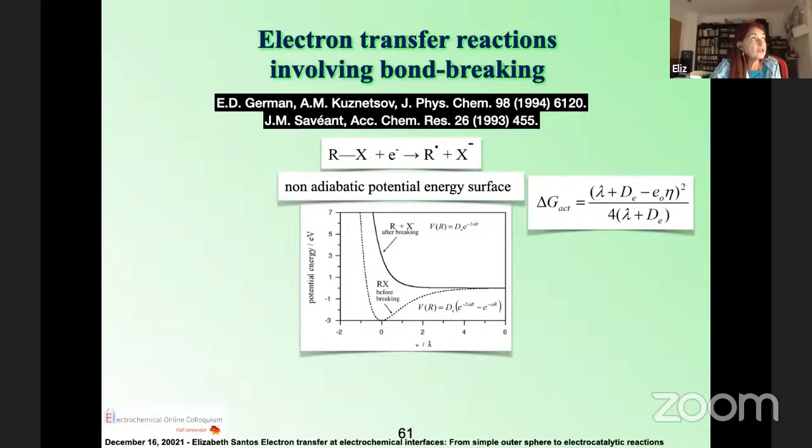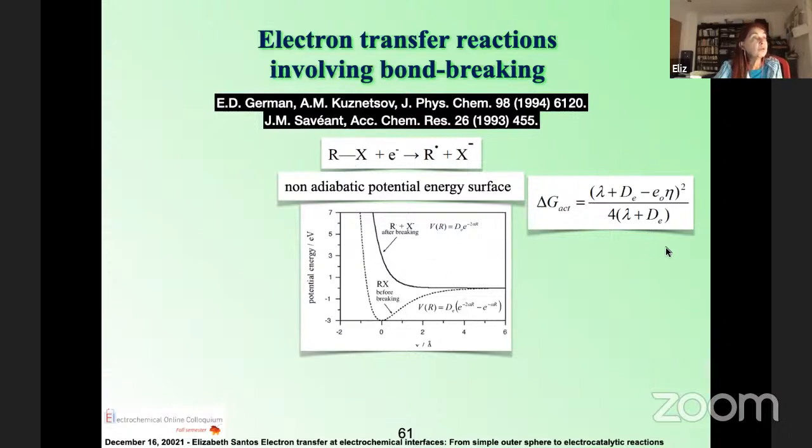We can also have electron transfer reactions involving bond breaking. The first approach was by Kuznetsov and Fabian, and they considered, in the non-adiabatic limit, one potential energy curve for the reactant and another for the product.